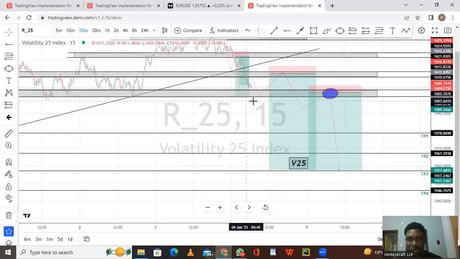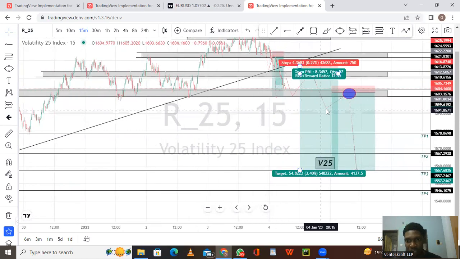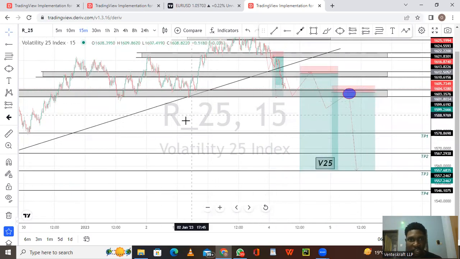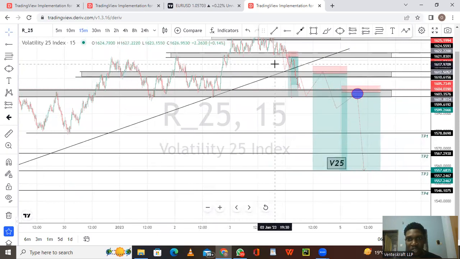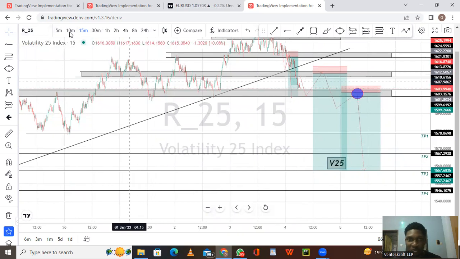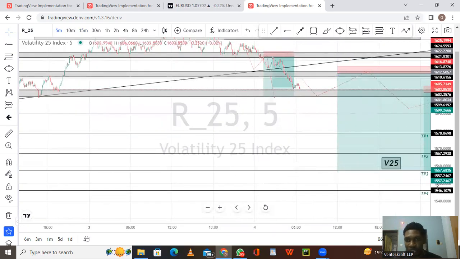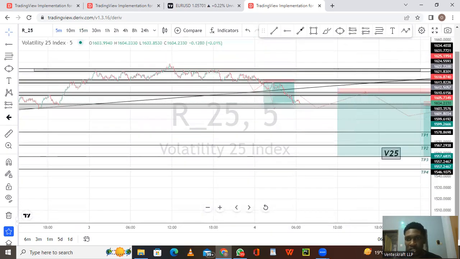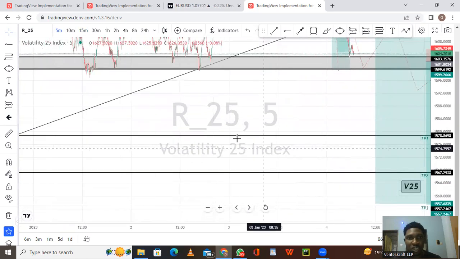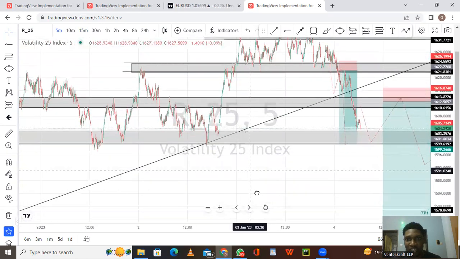A retest to one of these zones, or probably a break of structure to the downside again, and then I can take it. In making my entry on this, I also scaled down to the 5 minutes. This is 15 minutes. I scaled down to the 5 minutes to check for the fractal nature of the market, to see how it played out.